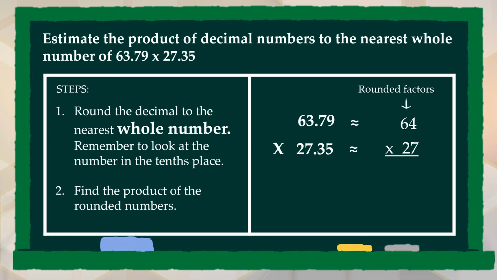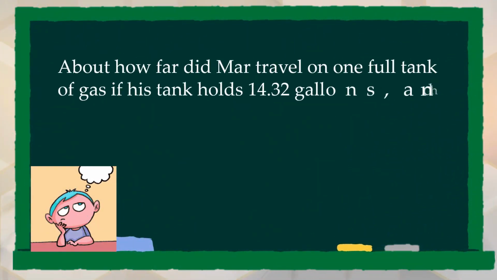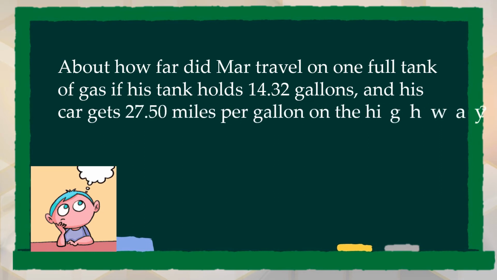So, 64 times 27 is equal to 1,608. The estimated product of 63 and 79 hundredths and 27 and 35 hundredths is 1,608.